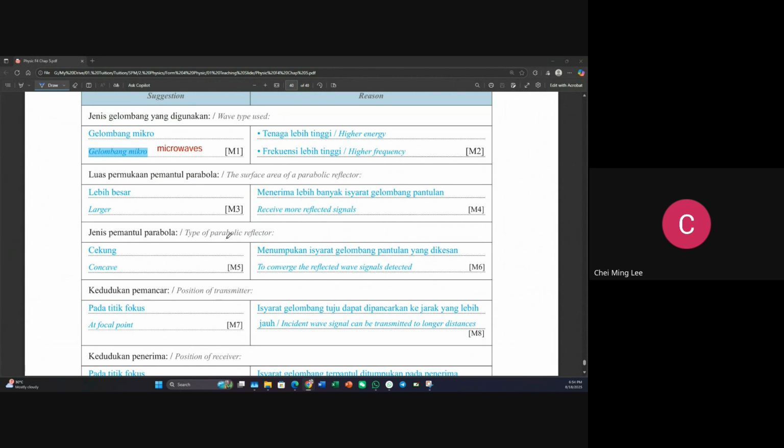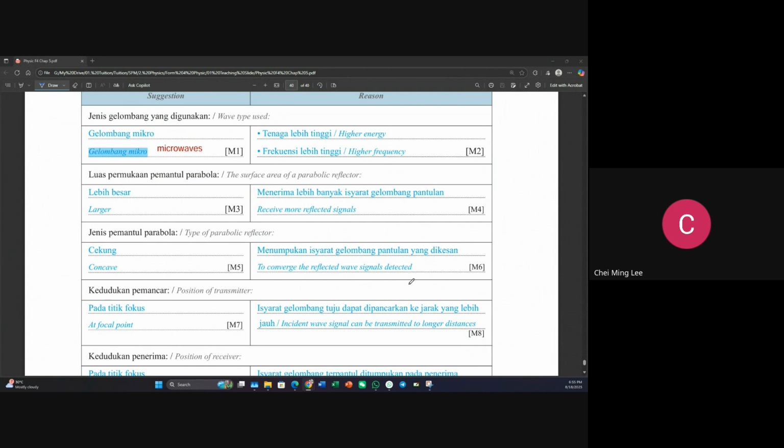And the type of parabolic must be concave, so that it can converge the reflected wave signal detected, like a wok.